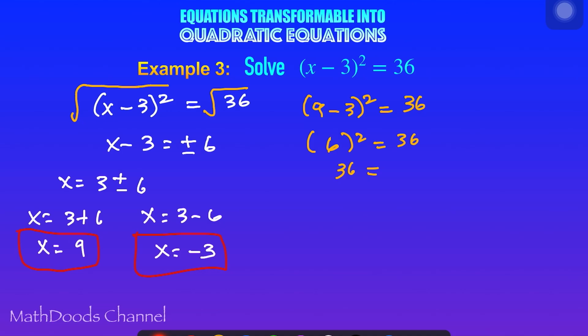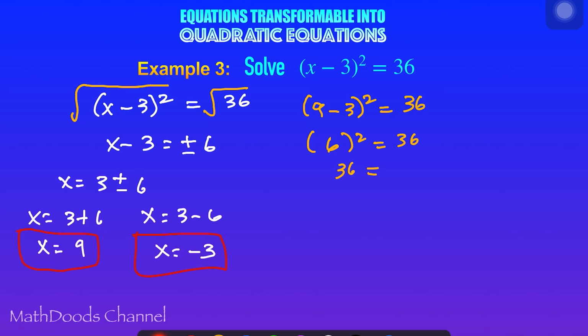Tapos, yung number 4, example number 4, square root of x plus 3 is equal to x plus 1. So, square lang natin both sides.